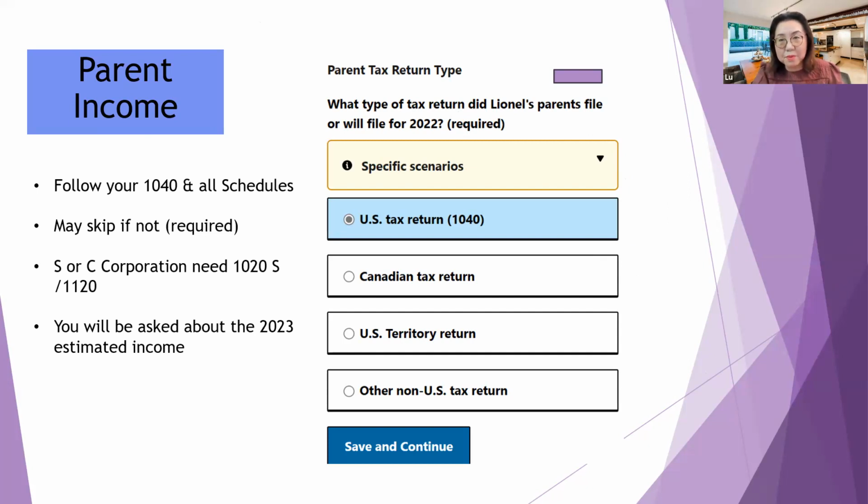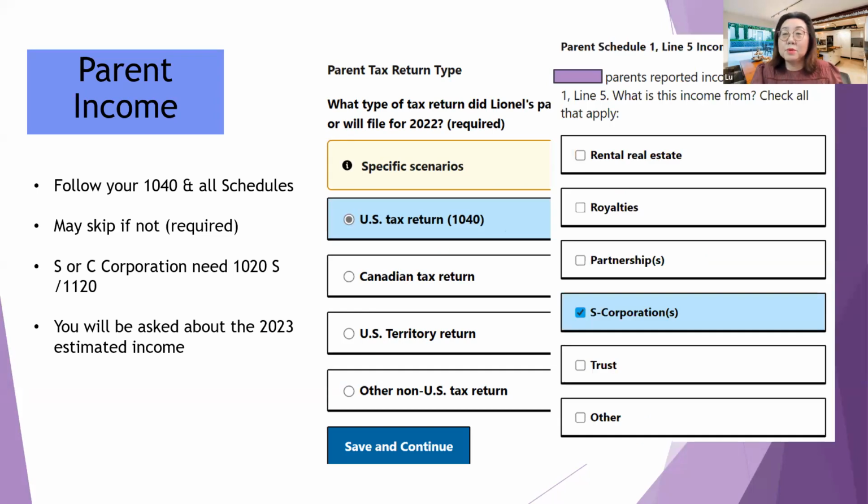You cannot skip, okay? Only skip if it's 0 and it's not required. So make sure that you go line by line, everything answered. It doesn't hurt if it's 0, you just enter 0.